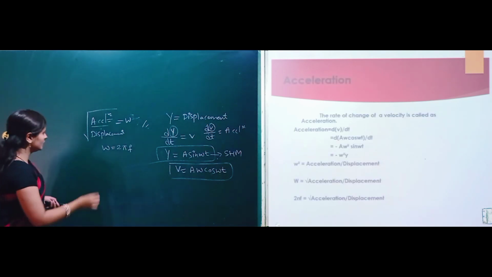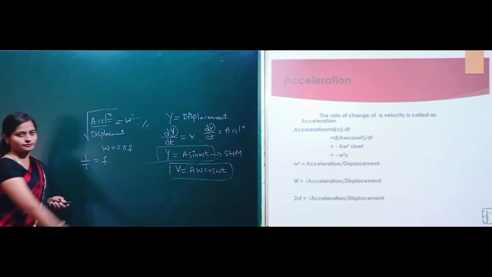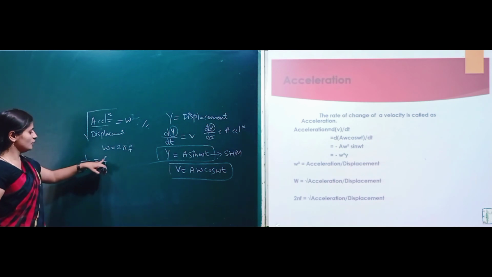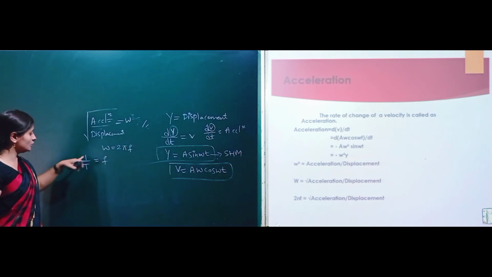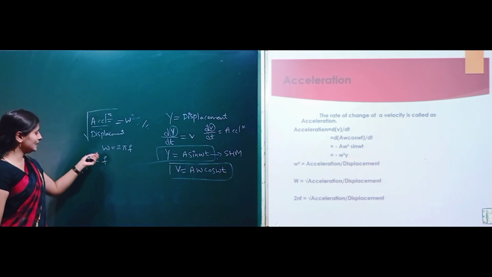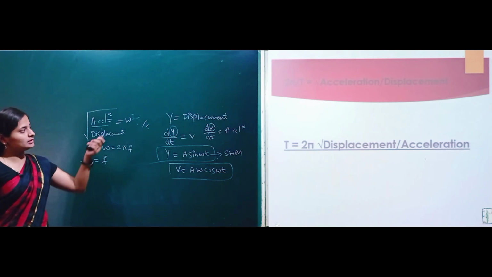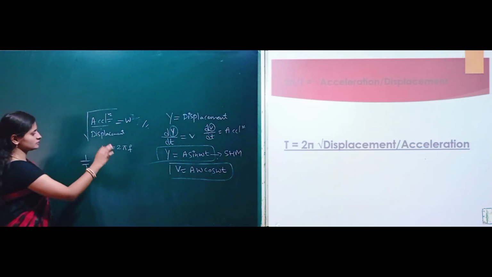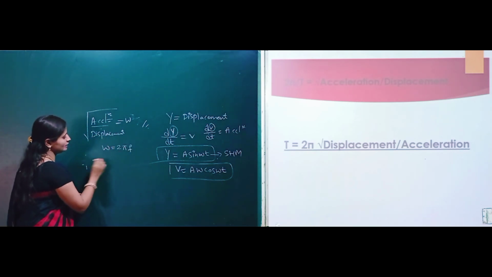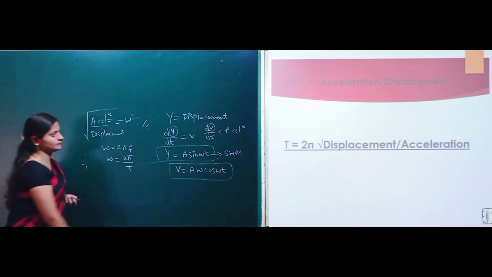See here, 1 by t equal to f. So frequency is the reciprocal of time. By taking this term and simplifying, here we are getting omega equal to 2 pi by t.